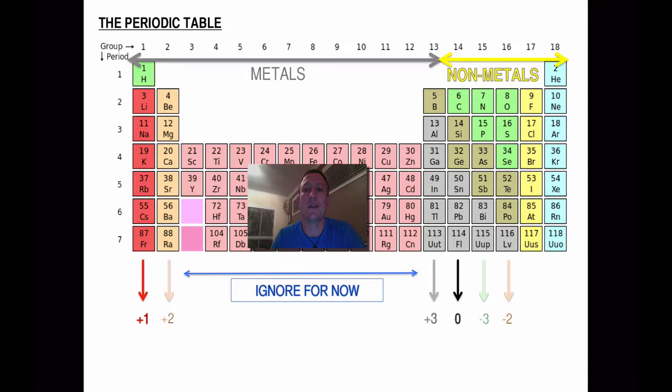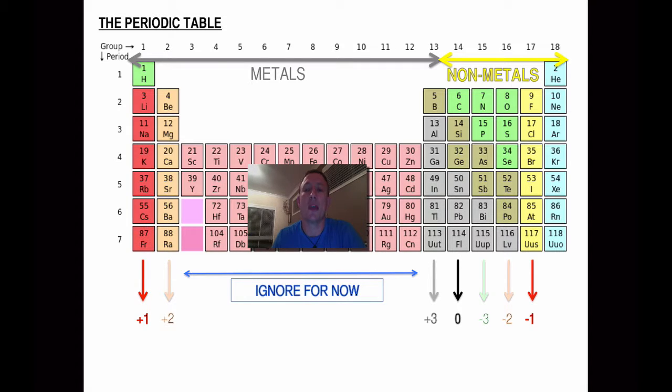As we move further to the right, it takes fewer electrons to fill up the outer shell. So group 16 consists of the 2- ions. They require 2 electrons to fill their outer shell. So oxygen becomes O2-, sulfur becomes S2-, selenium becomes Se2-.